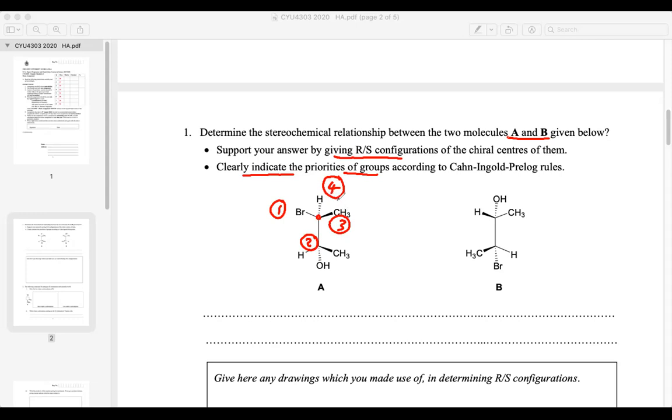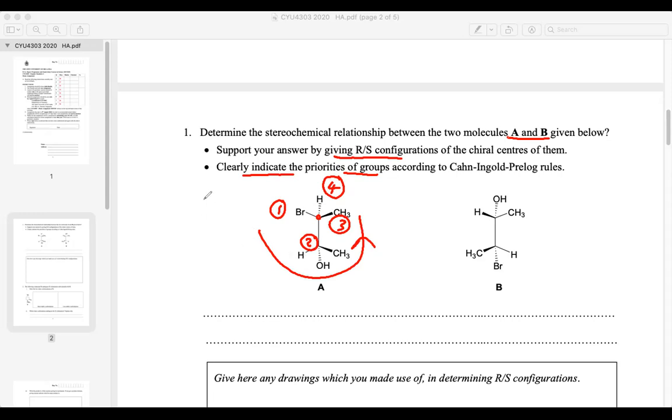If we exchange and put the fourth group below the plane, then we have to take the direction of the other three, 1 2 3, and exchange accordingly. Here there is nothing to exchange, because the fourth one is always below the plane, so we have to consider 1 2 3 rotation like this. It rotates like this, so it is anti clockwise.